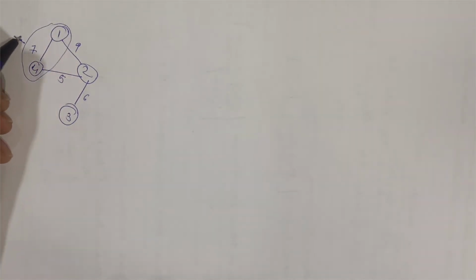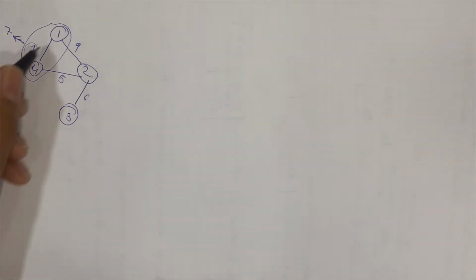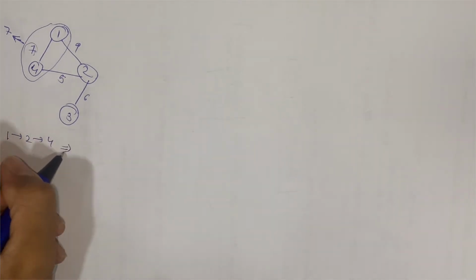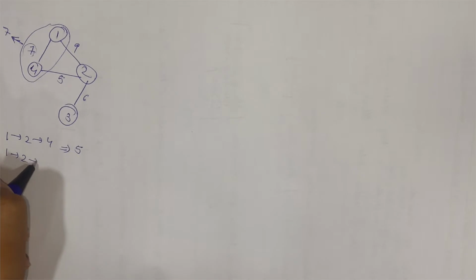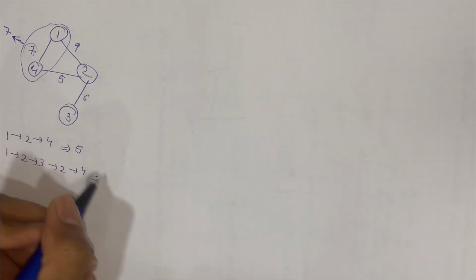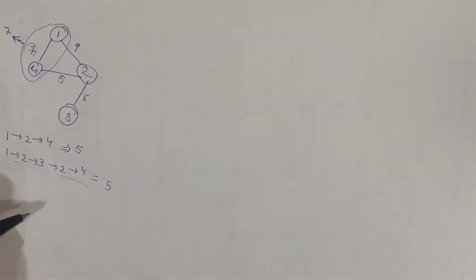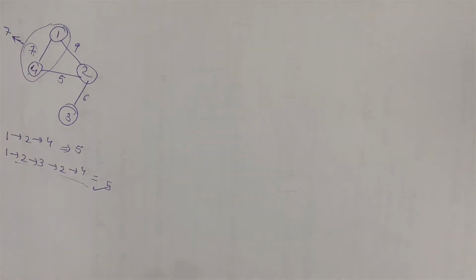Its score would be 7 because the minimum distance in this path is 7. Another would be from 1 to 2 to 4. Its score would be 5. Another possible path is 1 to 2 to 3 to 2 to 4, and its score would also be 5. The minimum distance along this path is 5. So there is no other possible path to travel from 1 to n. So we return 5 as our answer.